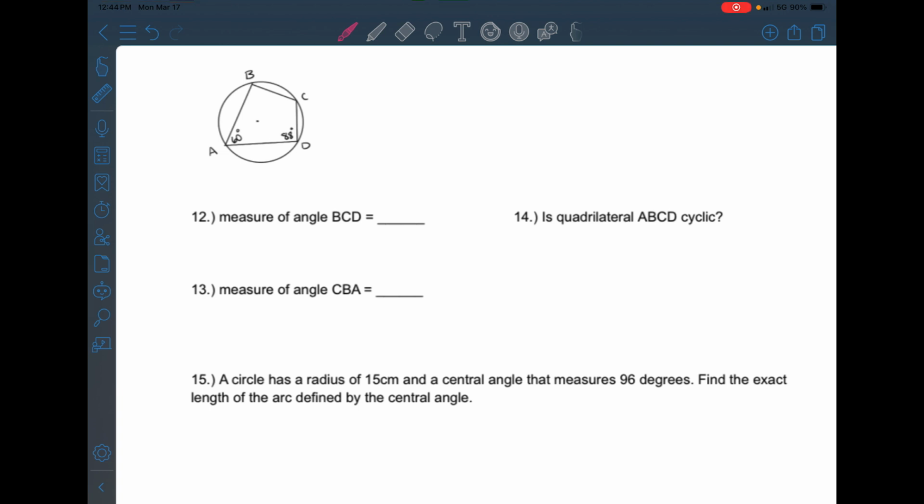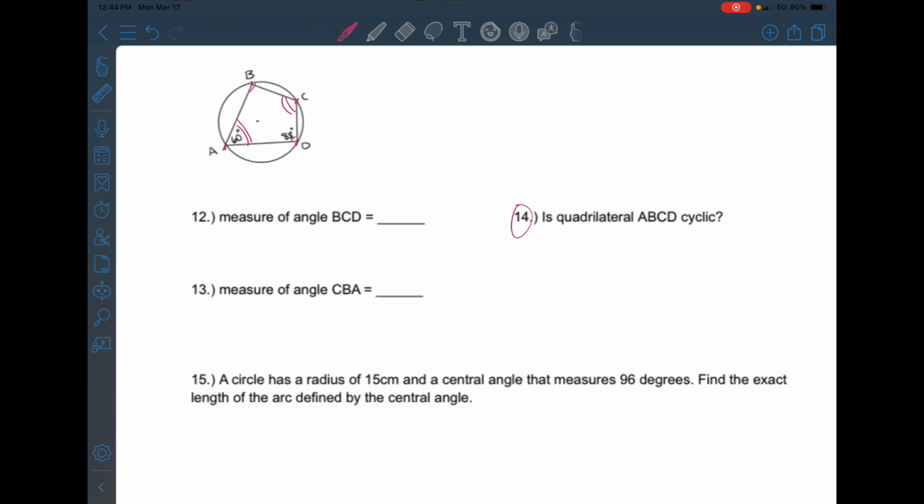Measure of angle BCD, measure of angle CBA, and 14 said, is quadrilateral ABCD cyclic? Well, first we need to answer that one first. So it is cyclic because each of its vertices is on the circle, which means the opposite angles sum to 180 degrees. So this one and this one equal 180 degrees, and this one and this one together would equal 180 degrees.